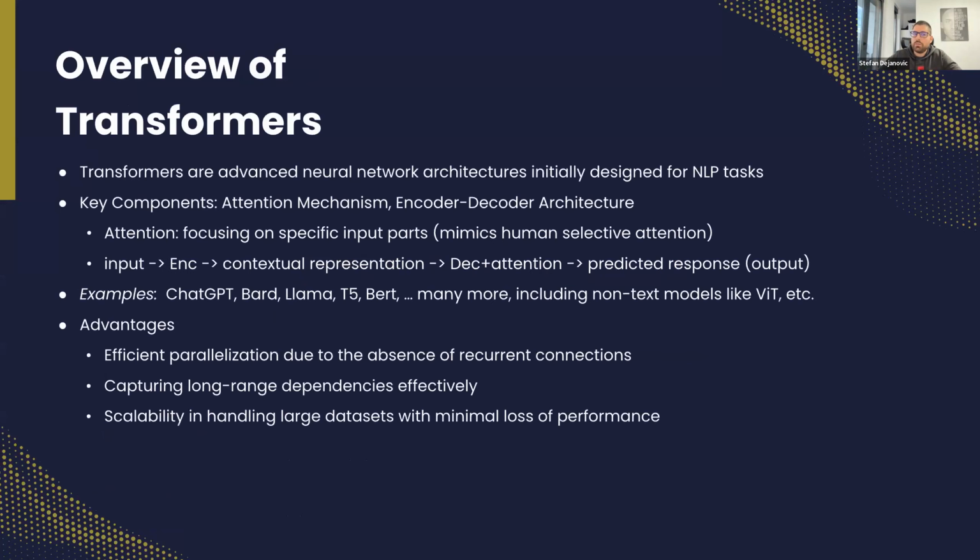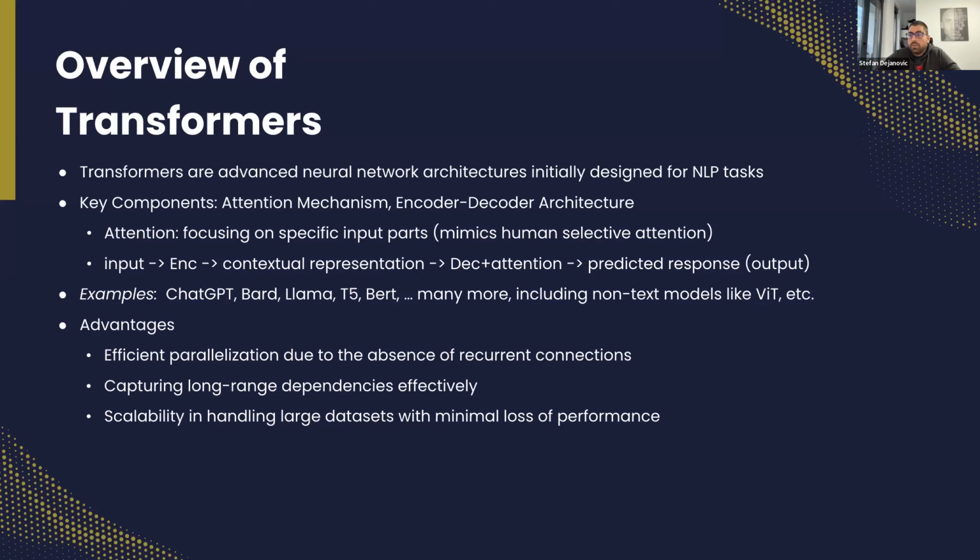So about transformers, they are advanced neural network architectures initially designed for NLP tasks. The key components of transformers are the attention mechanism and the encoder-decoder architecture. These models boast an encoder-decoder architecture commonly used in tasks such as language translation and summarization.